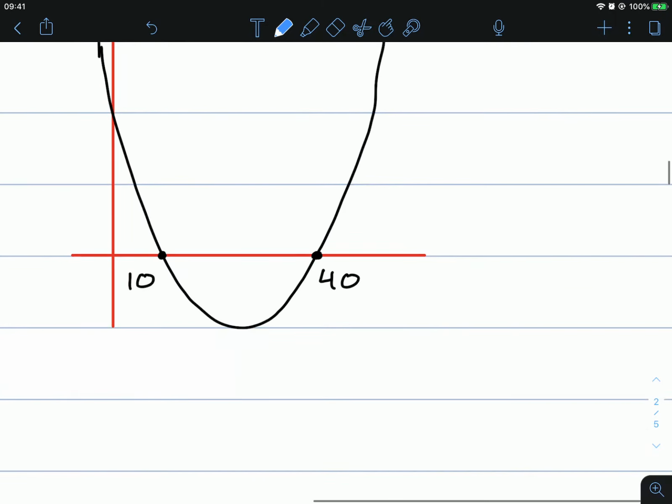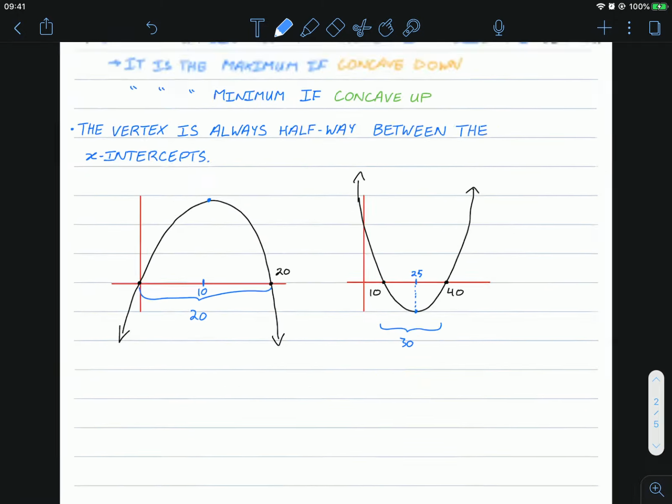In this case here, this is a distance of 30. So halfway between this is 15. So 10 plus 15 more is 25. So at x equals 25, that is the point where the vertex will be found.